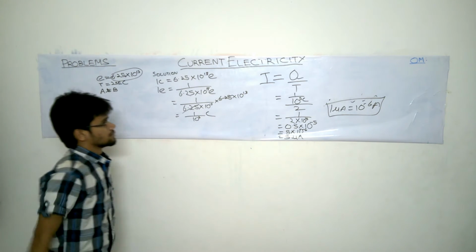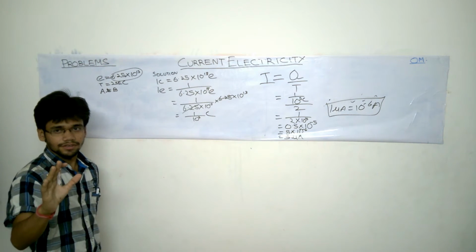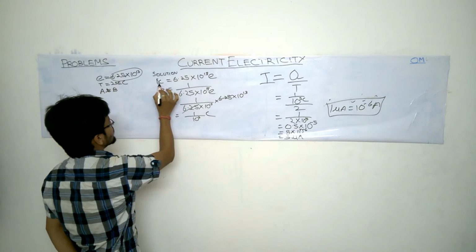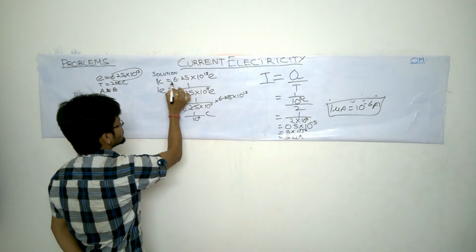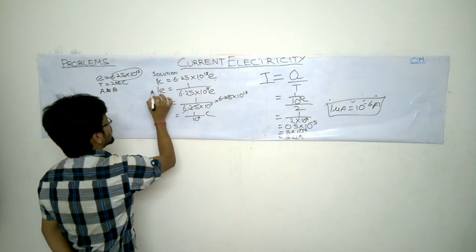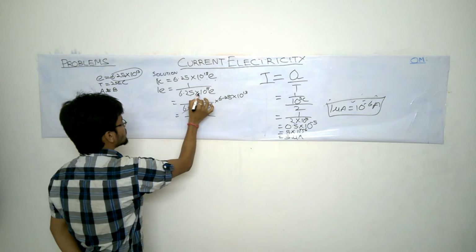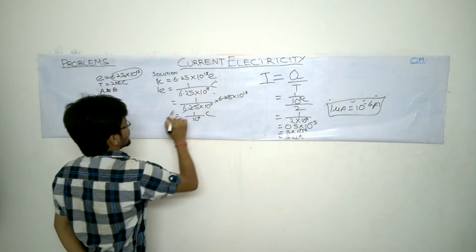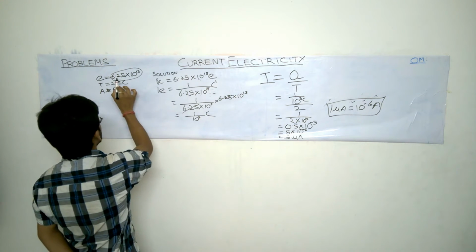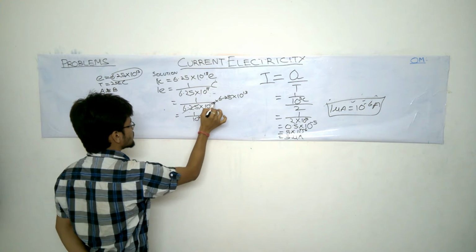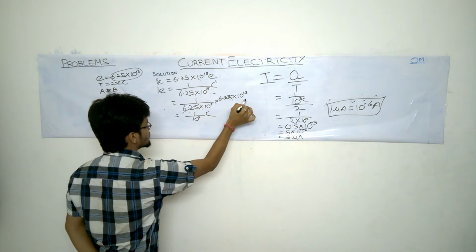So this is the sum. I'll repeat it once again. First, one coulomb of charge is carried by this many electrons, 6.25 into 10 to the power 18. So one electron will have 1 by 6.25 into 10 to the power 18 charge. Now 6.25 into 10 to the power 13 electrons will have 1 by 6.25 into 10 to the power 18 into 6.25 into 10 to the power 13.